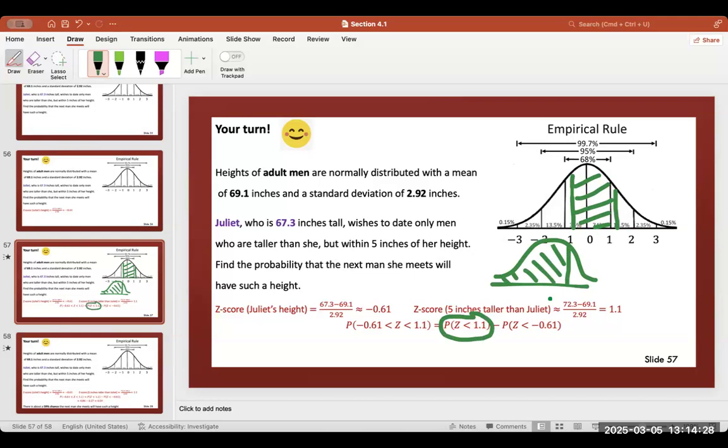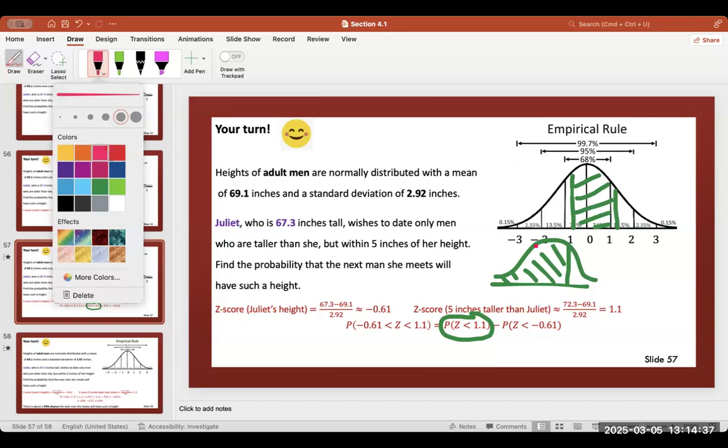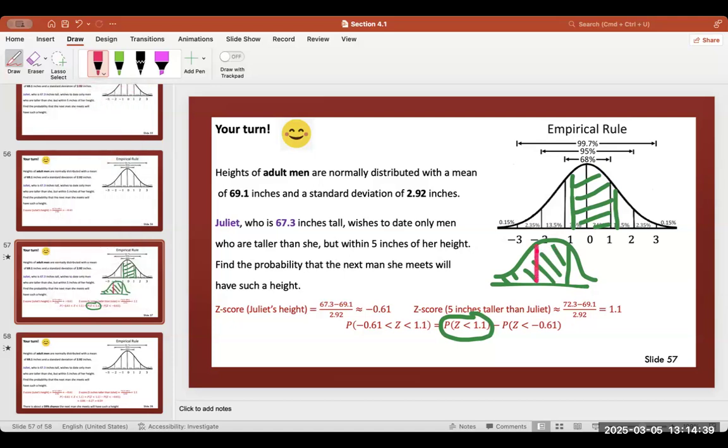But I don't want to go all the way to the end of the table here. I want to stop about right here. And how I can stop there is I can subtract this piece. And that's what I'm doing here. I'm subtracting this probability, and that will give me the in-between probability.